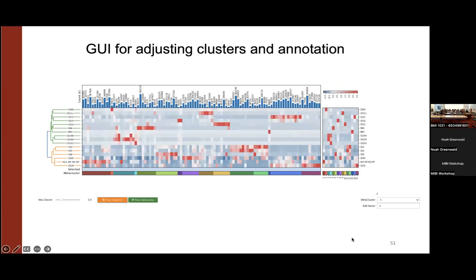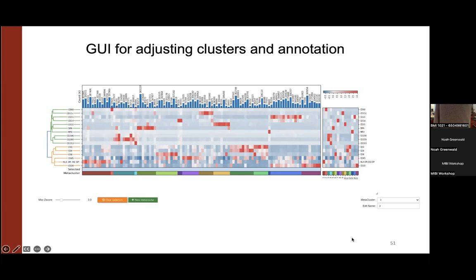Okay, so this is what the GUI for adjusting the clusters and annotations looks like. When we were first developing this method, like all unsupervised clustering algorithms, it relies on a manual annotation step. And it's very annoying to do this manually, so this GUI hopefully makes it a lot easier. This first massive heat map here shows the 100 clusters that we have, the over-clustering stuff.